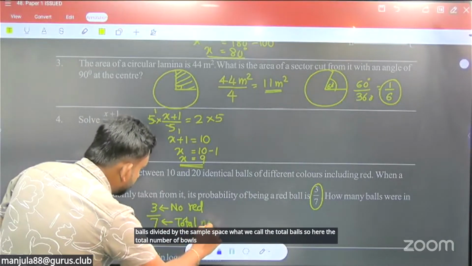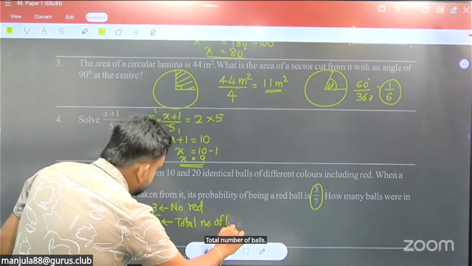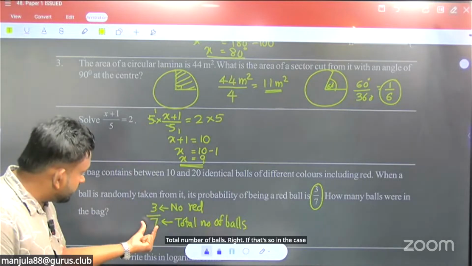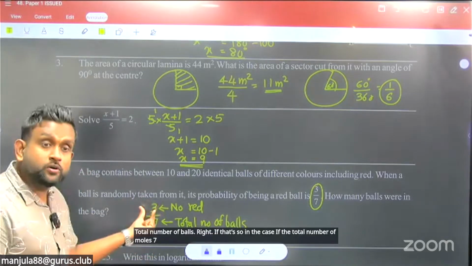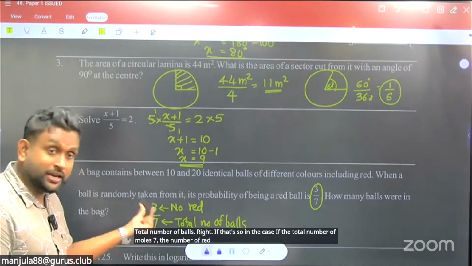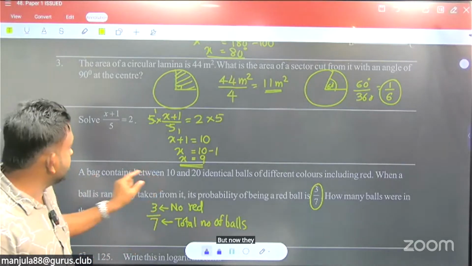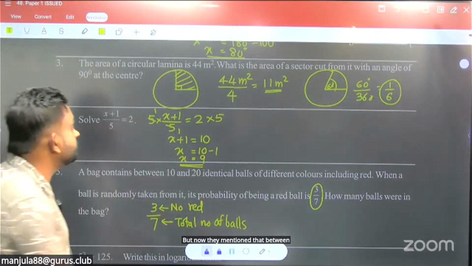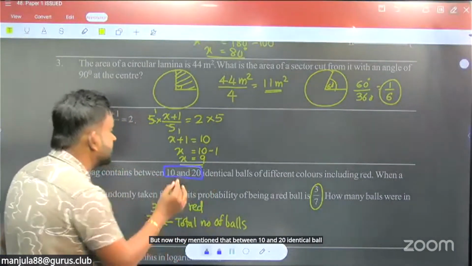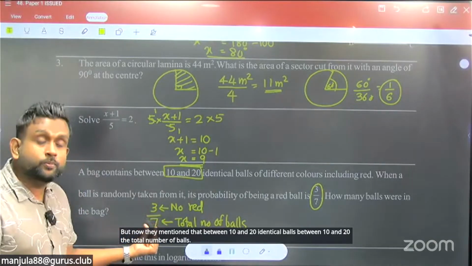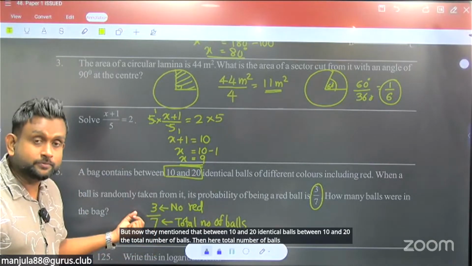If that's the case, if the total number of balls is 7, the number of red balls should be 3. But they mentioned between 10 and 20 identical balls in total. Then here a total of 7 cannot be accepted.